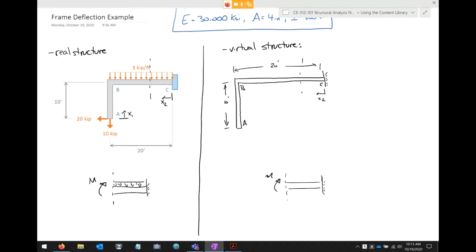The focus is to determine the vertical deflection at A. So I'm going to put a single unit load right here at A. If I get a positive answer, that means the deflection is going downward, and that assumption was correct. If I get a negative answer, it means it's actually deflecting upwards.